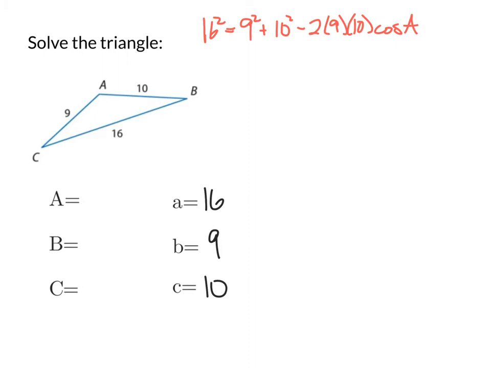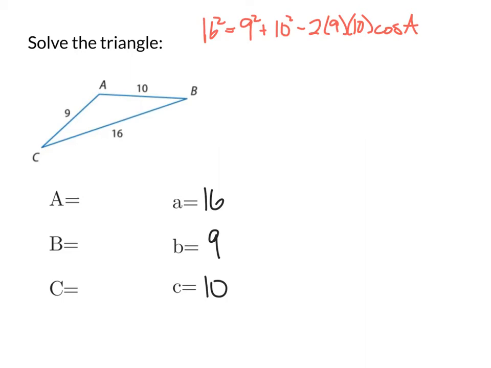Now be careful as you're solving this. You know how to do this correctly, but so many times I see people take their calculator and find out what all of this is and call that the coefficient that's being multiplied by cosine of A. And that's not right.